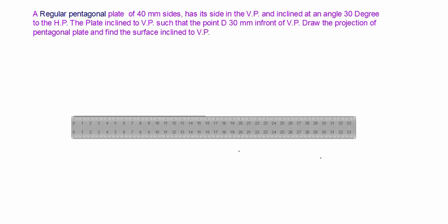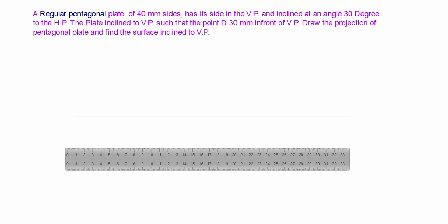So we know above the XY line we have the VP plane, and below the XY line you have the HP plane.